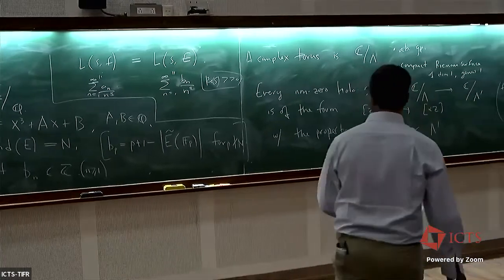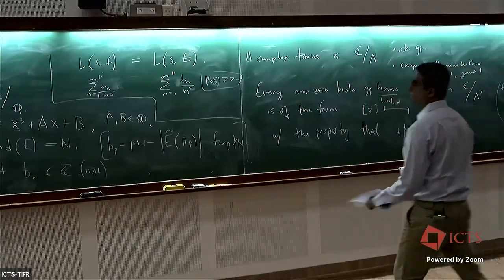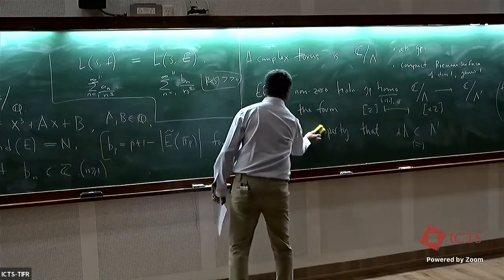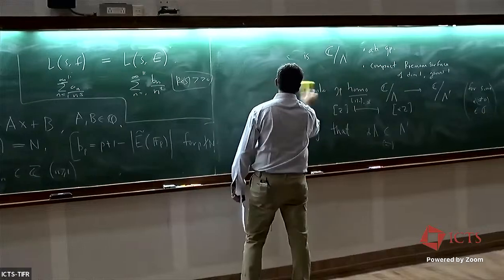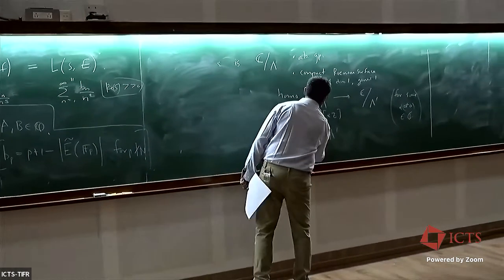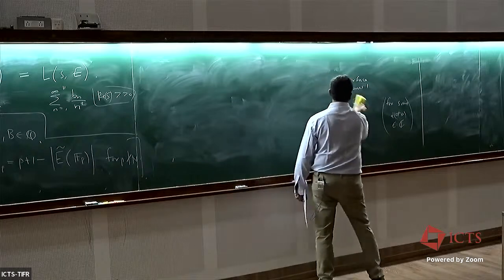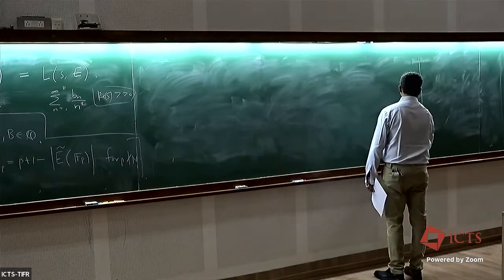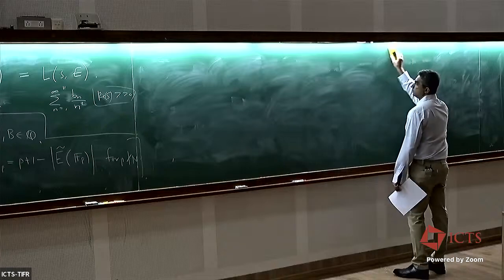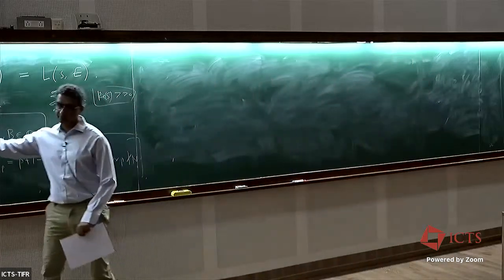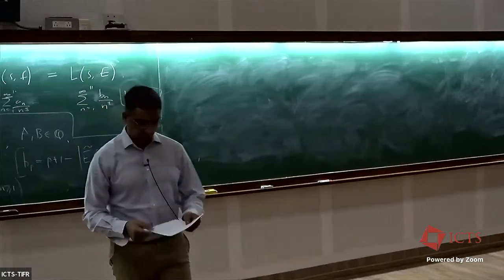Yes, so the last section. Maybe let me erase the whole thing. Okay, erase this also. How that's proved is another story. A very interesting story, but a little bit old now, so maybe I won't get into it.